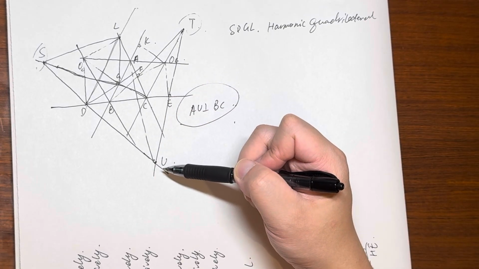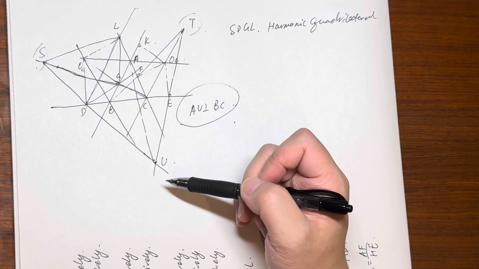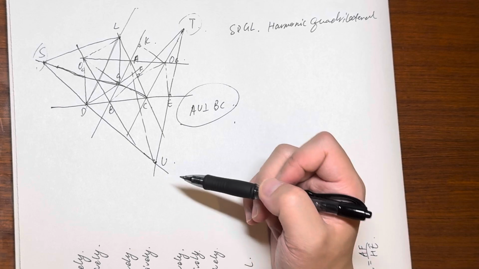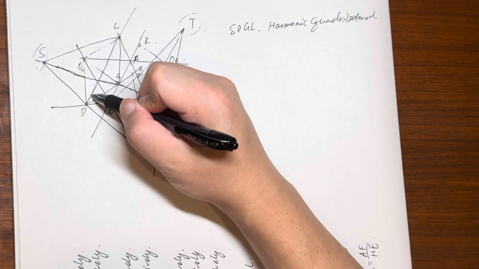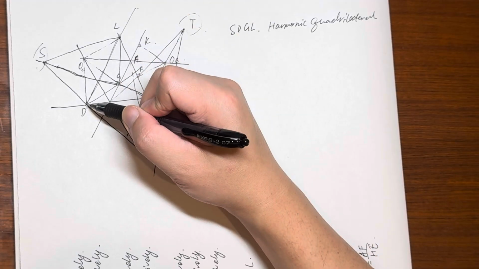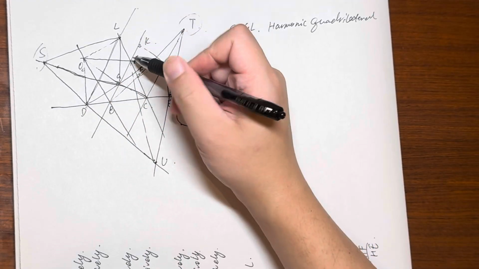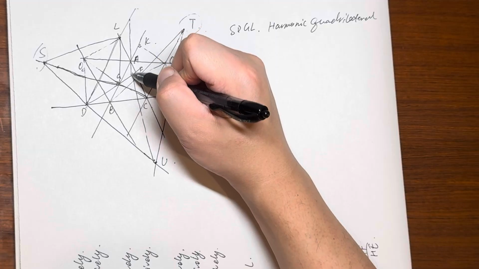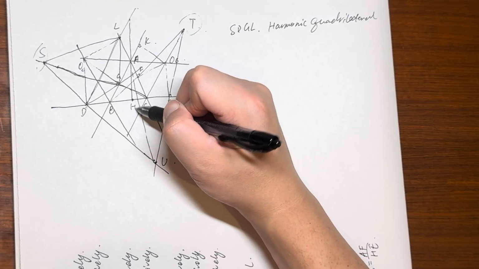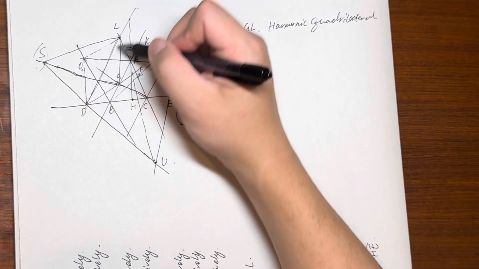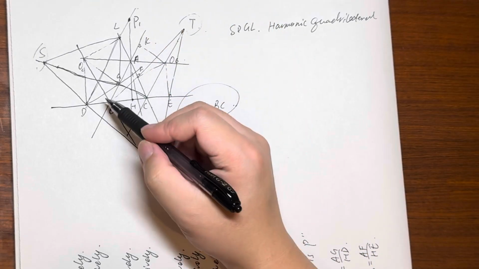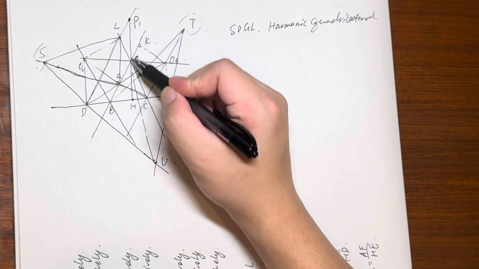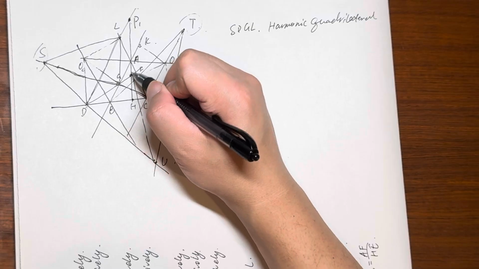That forms a harmonic bundle, which means if we have the connection, because we have the DL perpendicular to AH, right? Let's call it H. DL meets AH on point P1, and the DG meets AH on point P2, right?